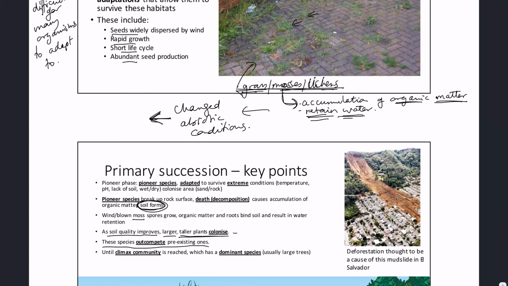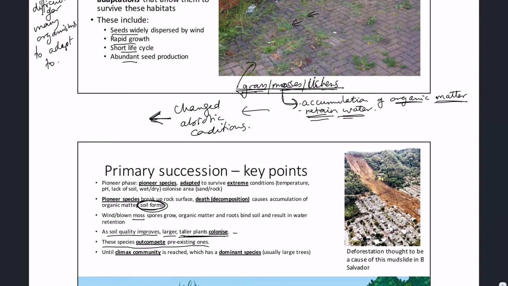Because they're taller, obviously they'll outcompete the shorter plants for light, and the abundance of those other pioneer species will go down over time. The same process continues. These taller plants are themselves responsible for changing and improving the soil content even more as they live and they die.